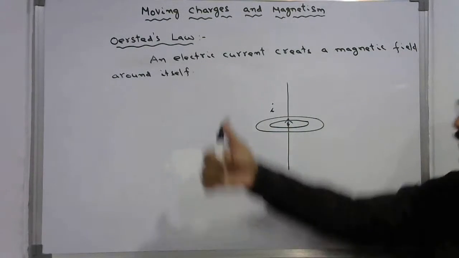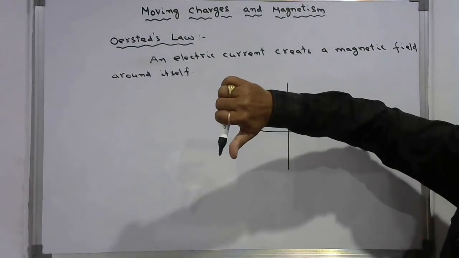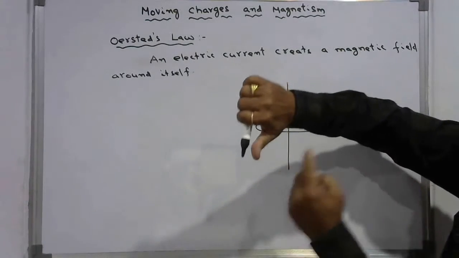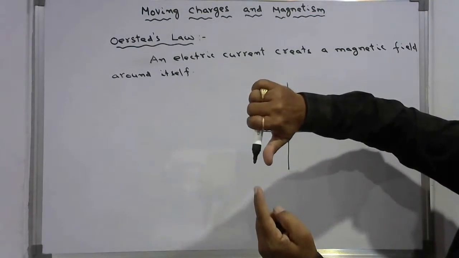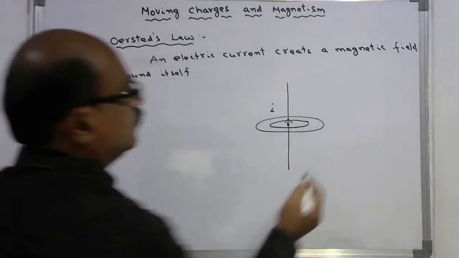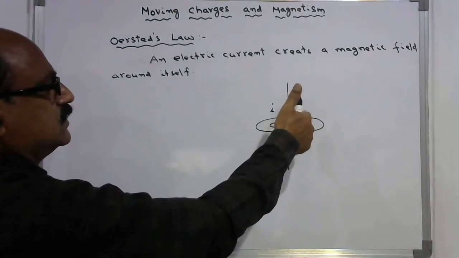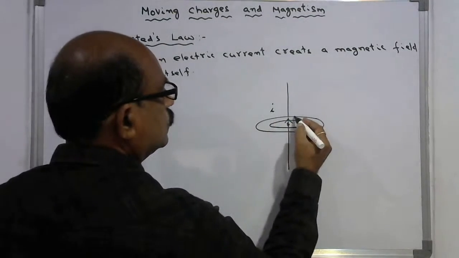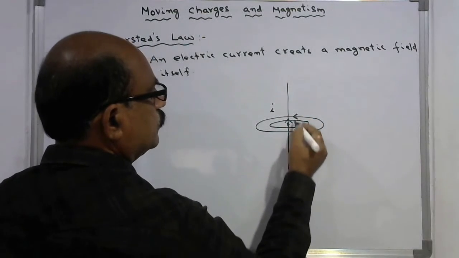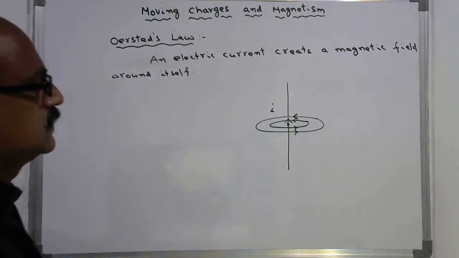If the current is moving downward, the rest of the fingers fold in the other direction. This is how we can find the direction of the magnetic field using the right hand thumb rule. This is the direction of the magnetic field in this case.